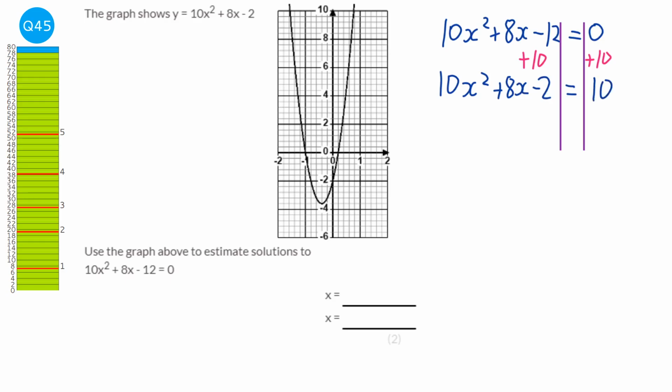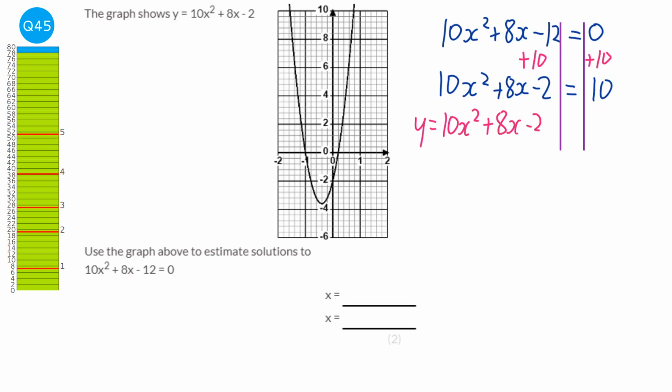Now, we've already got this line drawn for us on this graph, and so all we need to do is draw this line. So we've got y equals 10x squared plus 8x minus 2 drawn for us.